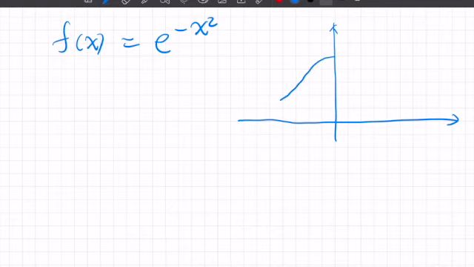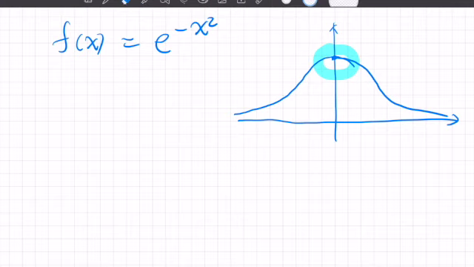It's symmetric, so it's an even function. It has the global maximum value at x equal to 0. And around this point, it is concave.